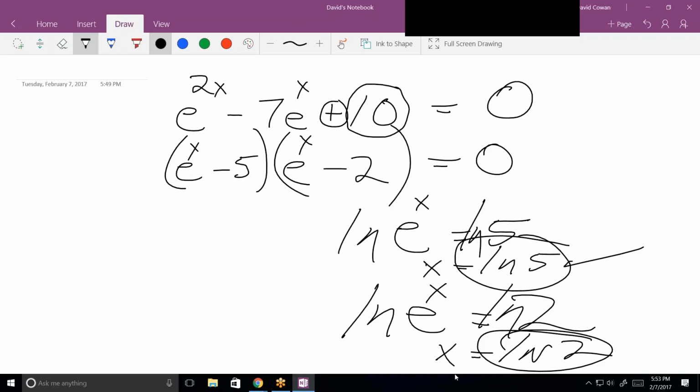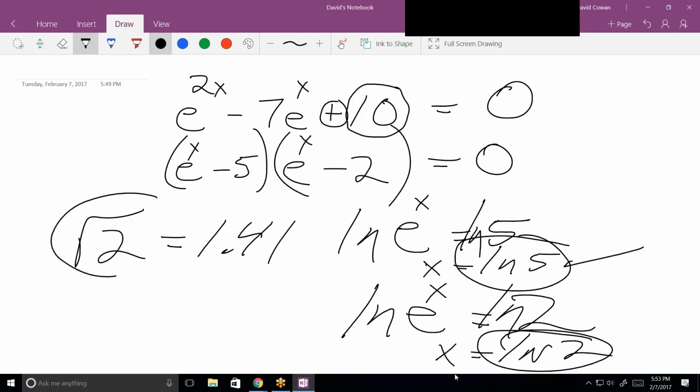It goes on forever. So the most precise way to give the answer is natural log of 5 or natural log of 2. It's like square root of 2. You don't round that off. You might have at one point in your algebra career, but at some point in math, they want exact answers, and square root of 2 is the exact answer.